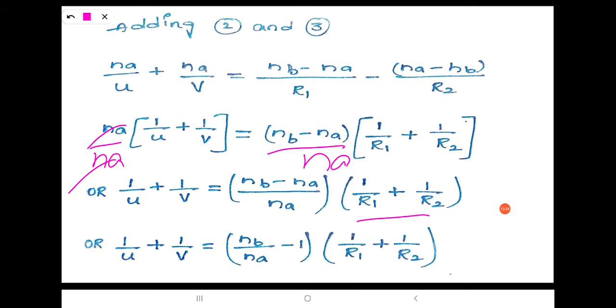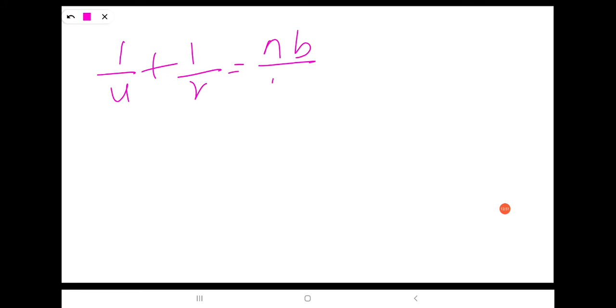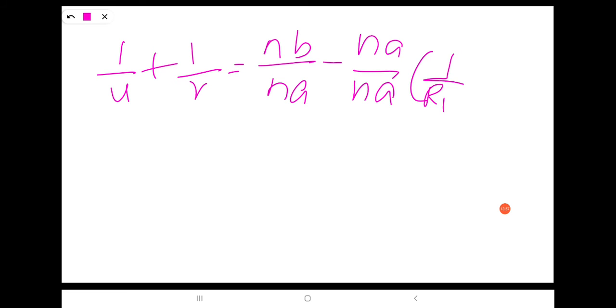Here we can also write 1/U plus 1/V equals NB/NA minus NA/NA, times (1/R1 plus 1/R2). So NA/NA gets cancelled.